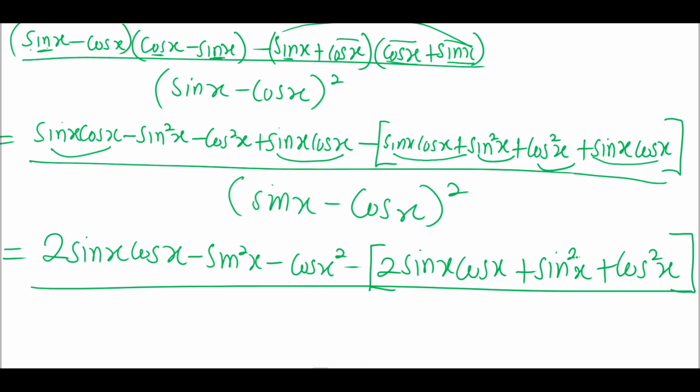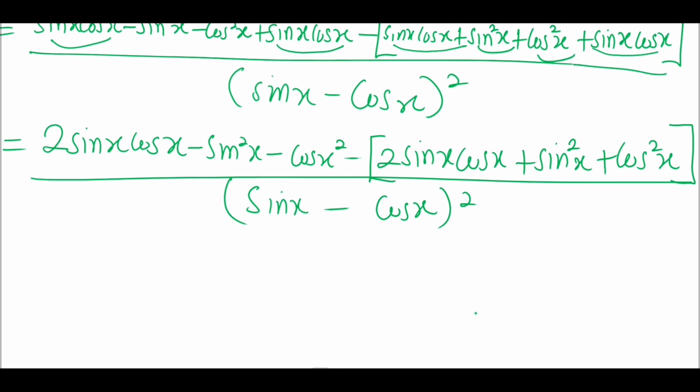All divided by (sin x minus cos x) all in brackets squared. So for this, we have 2 cos x sin x, because we have minus here, so minus 2 sin x cos x.